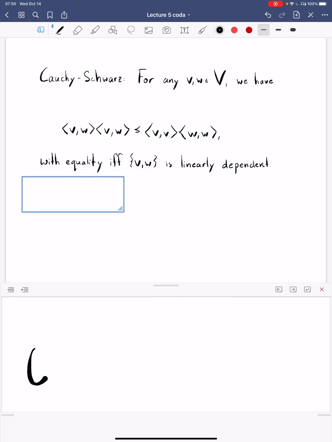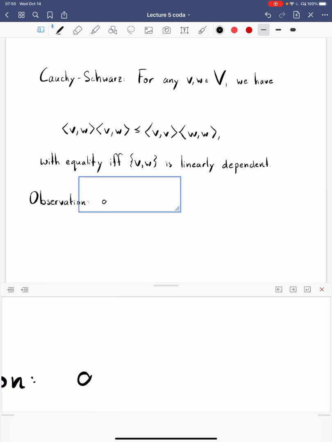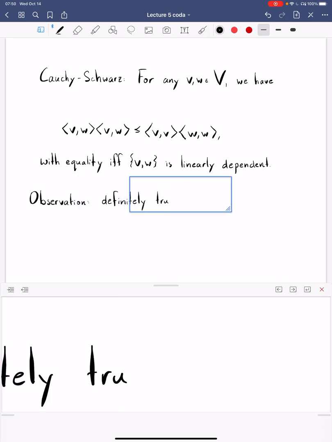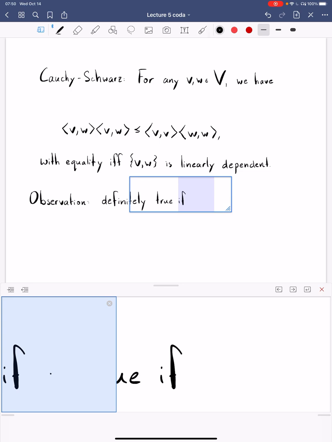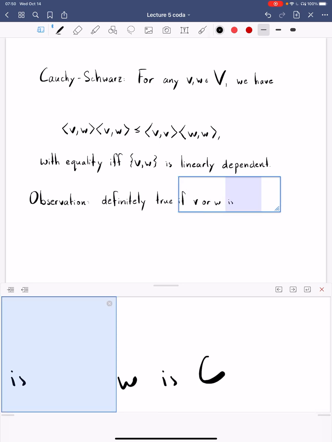And so the first observation is that this is definitely true if v or w is the zero vector, right?